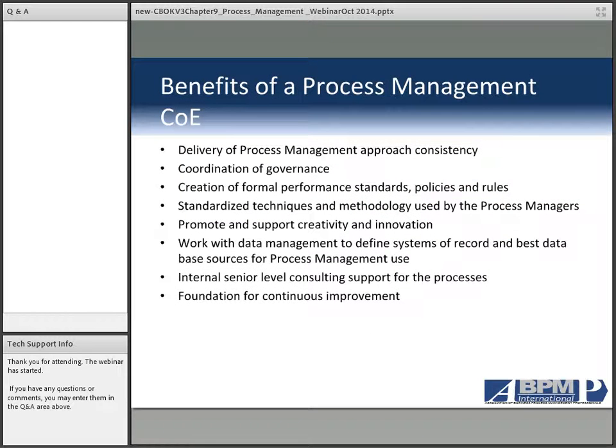Now, I said before that we would talk a little bit about benefits, and I've got just a couple minutes to talk about this now. The key benefit is really consistency, and that's consistency of how you're going to look at that process, how you're going to measure performance, how you're going to manage it, how you're going to start looking at support for it, because I would submit that you have an opportunity to totally take a different look at how IT is supporting the process as opposed to at the individual business unit levels, where those holes are and what needs to change, what the ripple effect is.